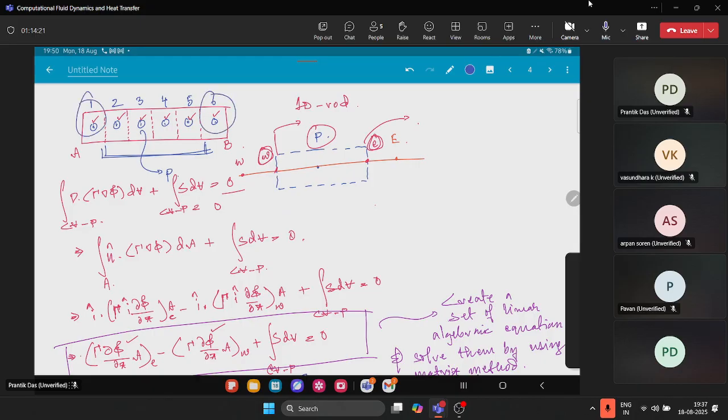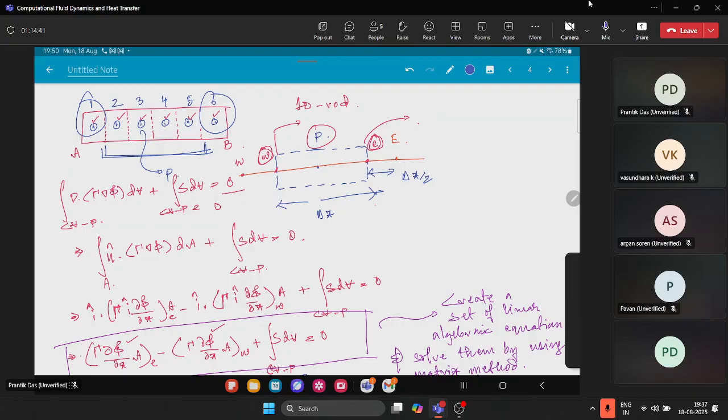Why we should treat it in a different manner, that I will explain. As I have said earlier, this distance is basically delta x, and this distance is basically delta x divided by 2.